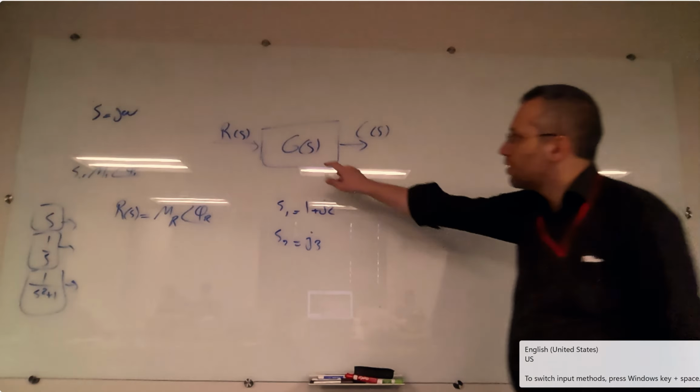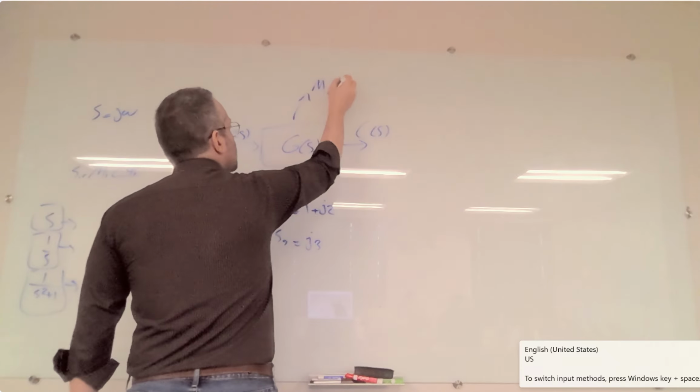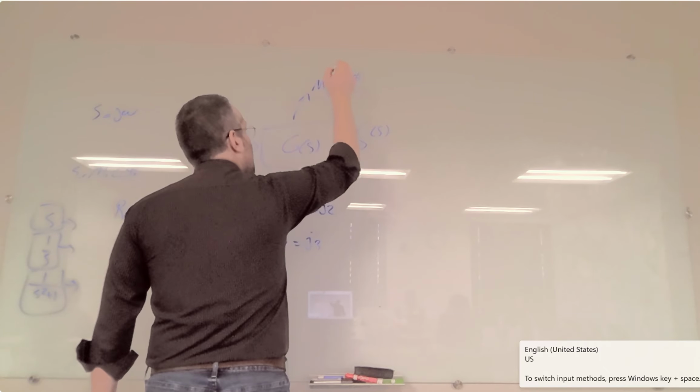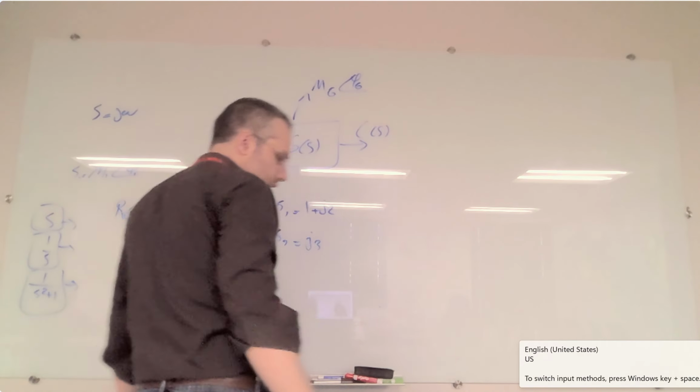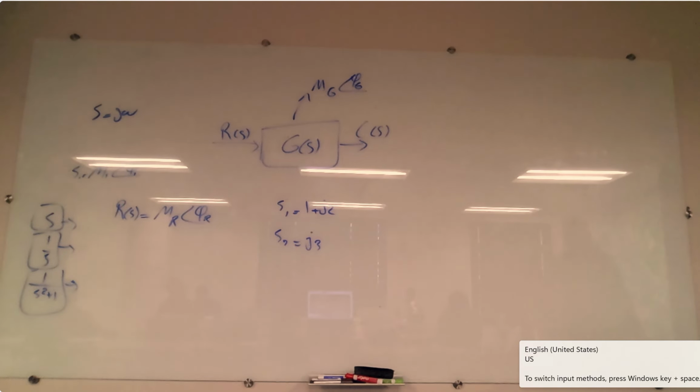So this G of S is also a phasor on that specific state, with the magnitude M of G and the phase phi of G. Are we good so far?